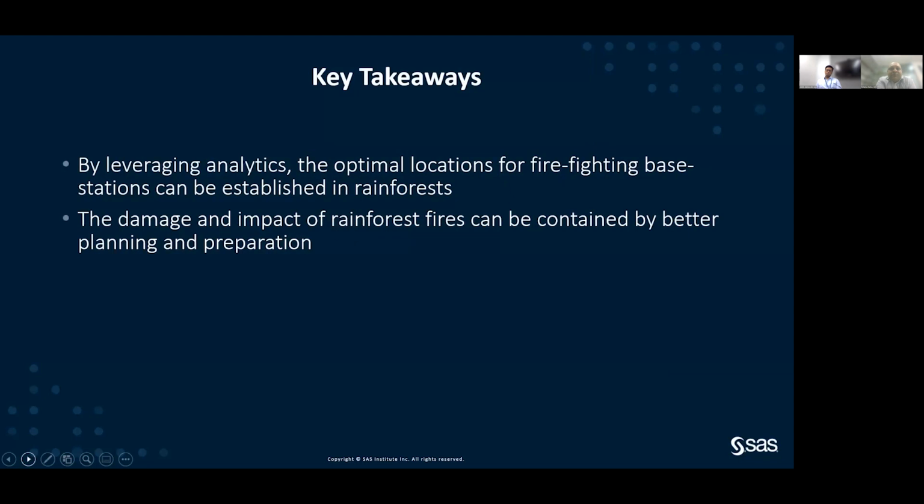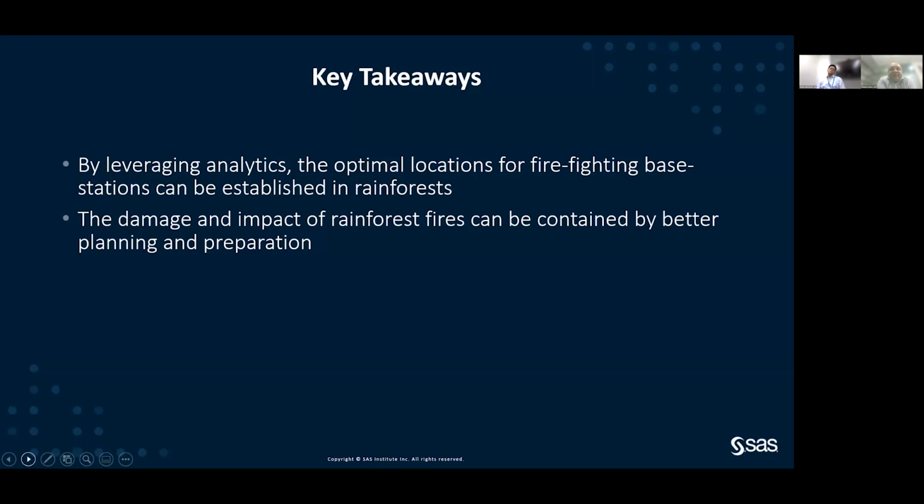So this was all about the discussion on the challenge of rainforest fires. So using analytics, we can devise multiple data-driven approaches that may actually help in coping with the challenge of reducing the impact of rainforest fires.